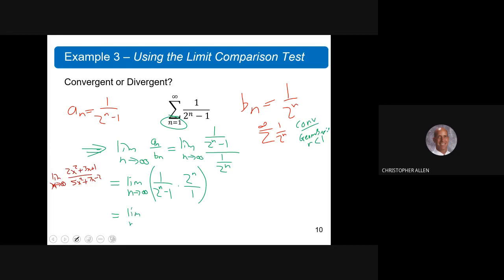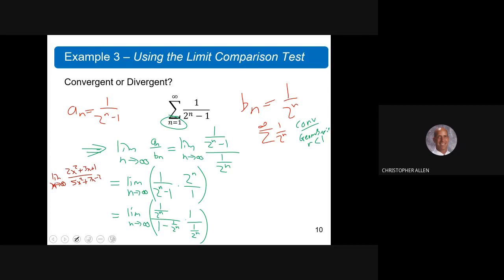So this is going to be the limit as n goes to infinity of 1 over 2 to the n divided by, now what's 2 to the n divided by 2 to the n? 1 minus 1 over 2 to the n times, and then I'm going to have 2 to the n divided by 2 to the n, which is again going to give me 1 over 1 divided by 2 to the n.